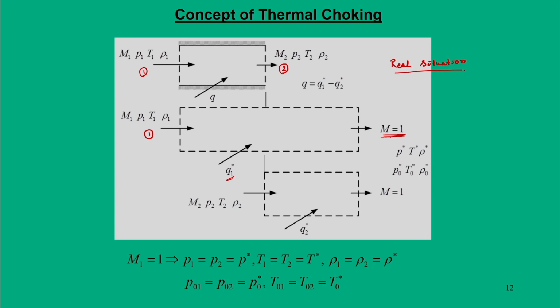Under those circumstances, I can define the downstream condition as P star, T star, rho star, P naught star, T naught star and rho naught star. With the same logic, if I go from condition 2 to the star condition, so that the flow is sonic at the downstream, then I have to add Q 2 star amount of heat.